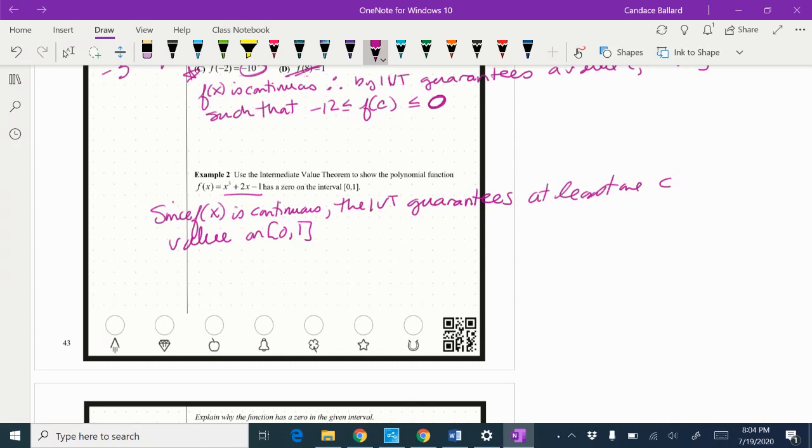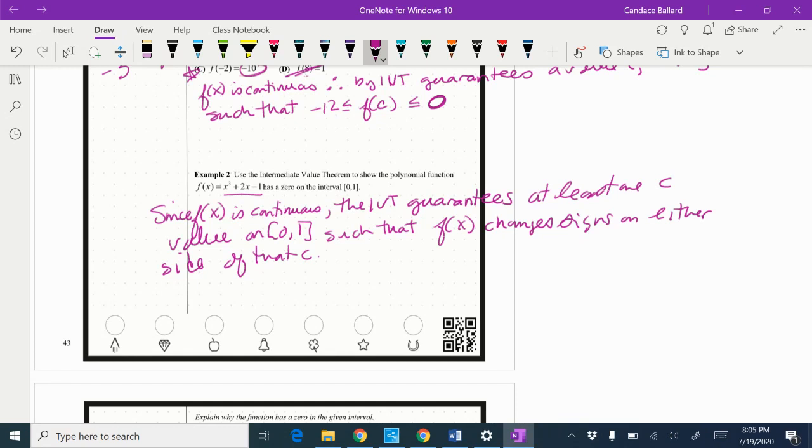And really what's going on with that is that it changes signs on either side of c, such that f of x changes signs on either side of that c.